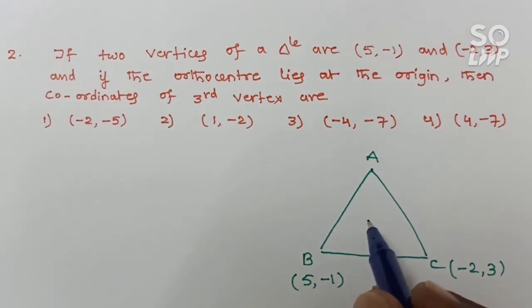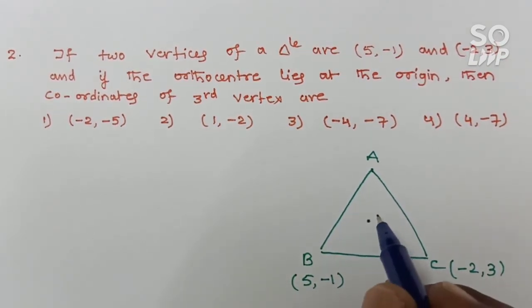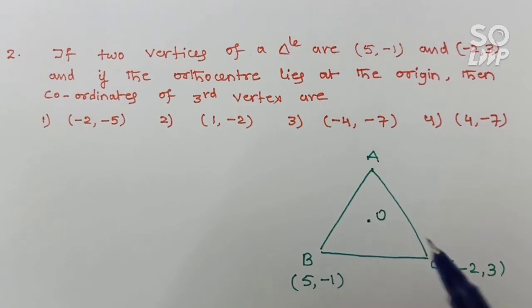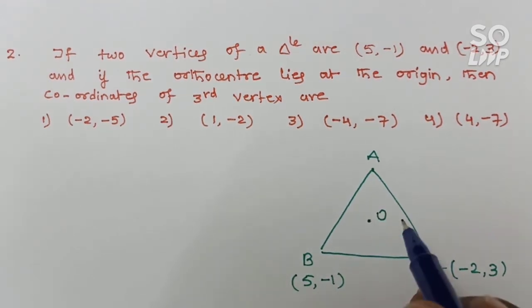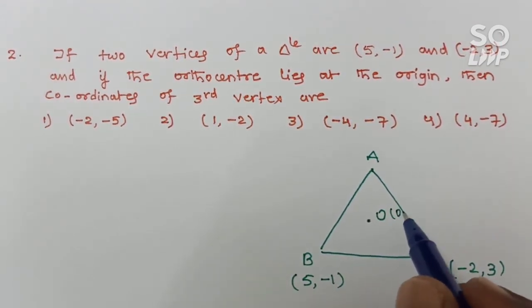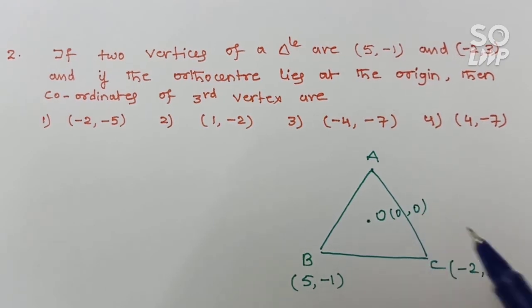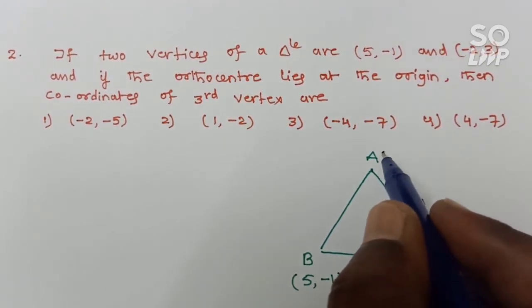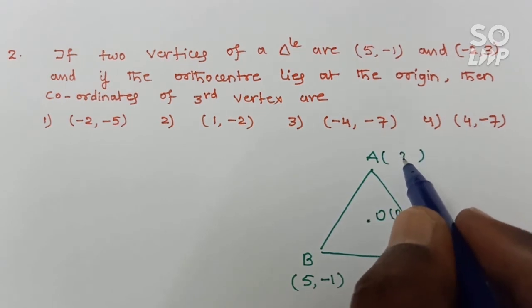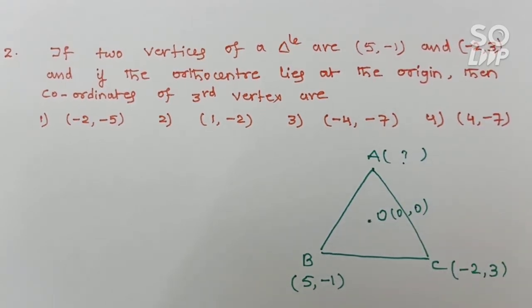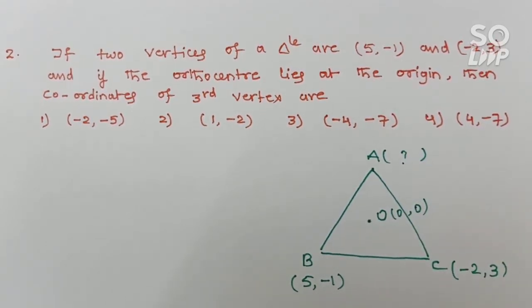And here the ortho center is the origin. Ortho center is the origin, this one is (0, 0). Right? Then we have to find the coordinates of the third vertex. So already we discussed that concept.